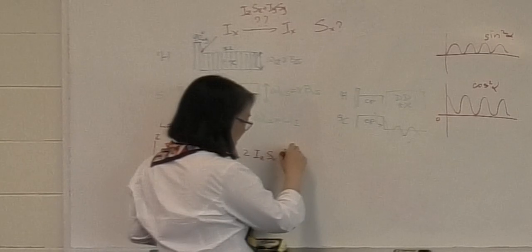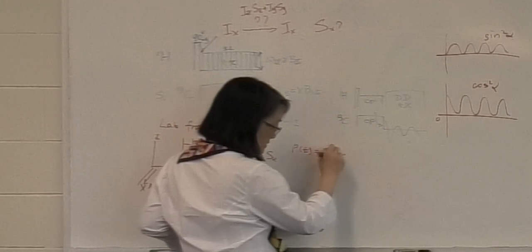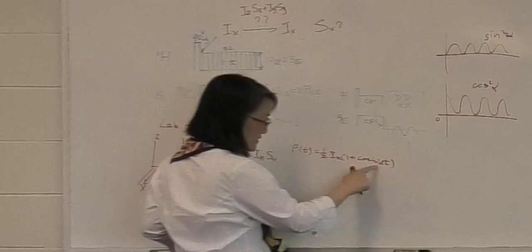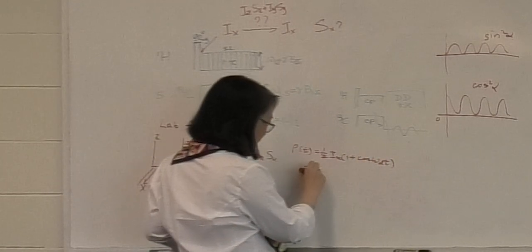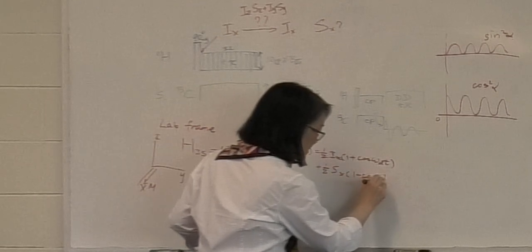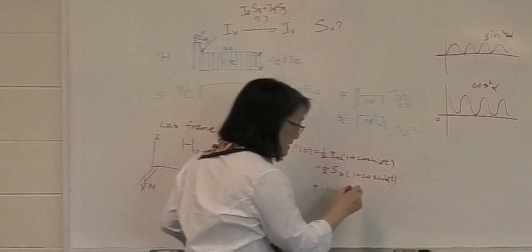So it makes a lot of sense. Rho T is 1/2 Ix. This is my proton, cosine omega dt. Right, so this is the dipolar coupling strength. And then there's Sx, 1 minus cosine omega dt. And then I have terms that I cannot detect. Right, that doesn't matter very much.